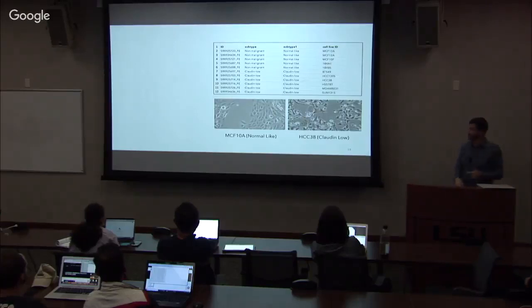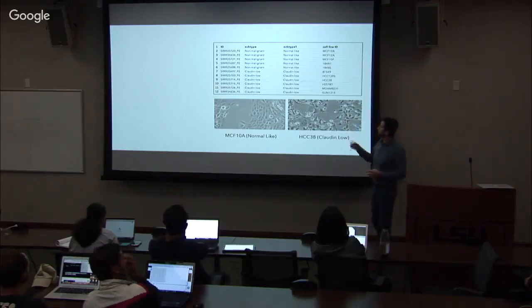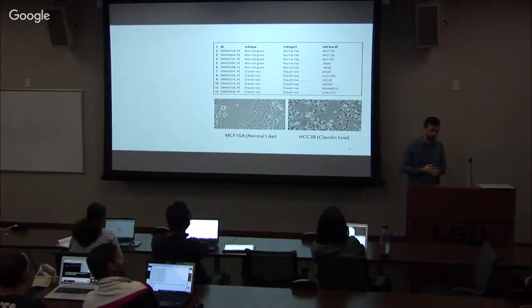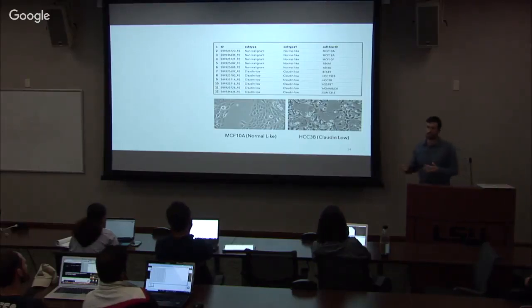Specifically for today's session, we will be looking at only a subset of those cell lines. We will take all of the normal-like or non-malignant cells and claudin-low. So in total, we will have 11 samples, and you can see visually, these are just two examples, they are very different.